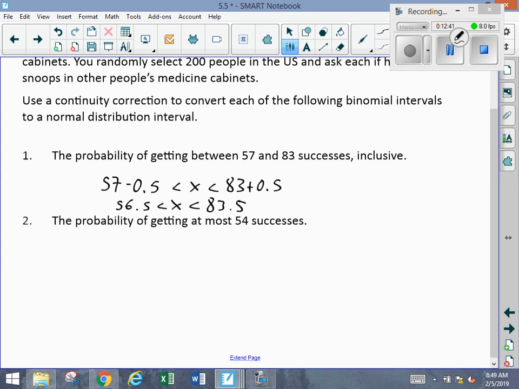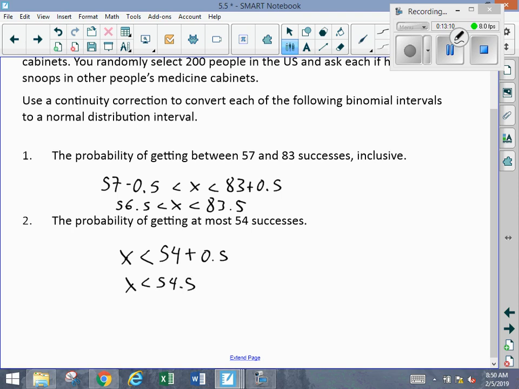So for this one, at most 54 successes, so X is then less than or equal to, right, at most 54 successes. So we'll just add, this will be 54 plus 0.5.